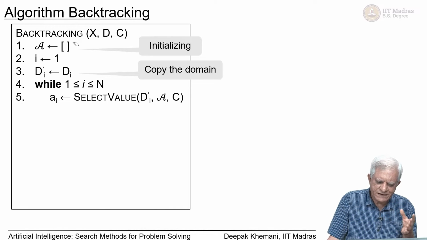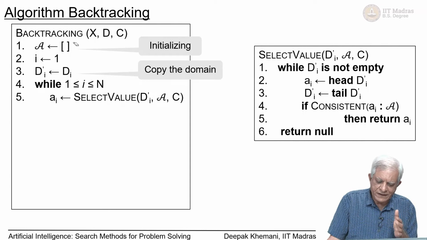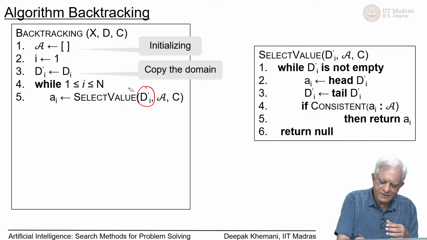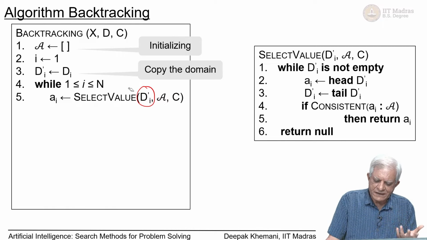Then it starts with i is equal to 1 and it will progress towards n, and for each value of i it will call a function called select value, to which it will give a copy of the domain, this di prime that it has made, along with the assignment that has been constructed so far.